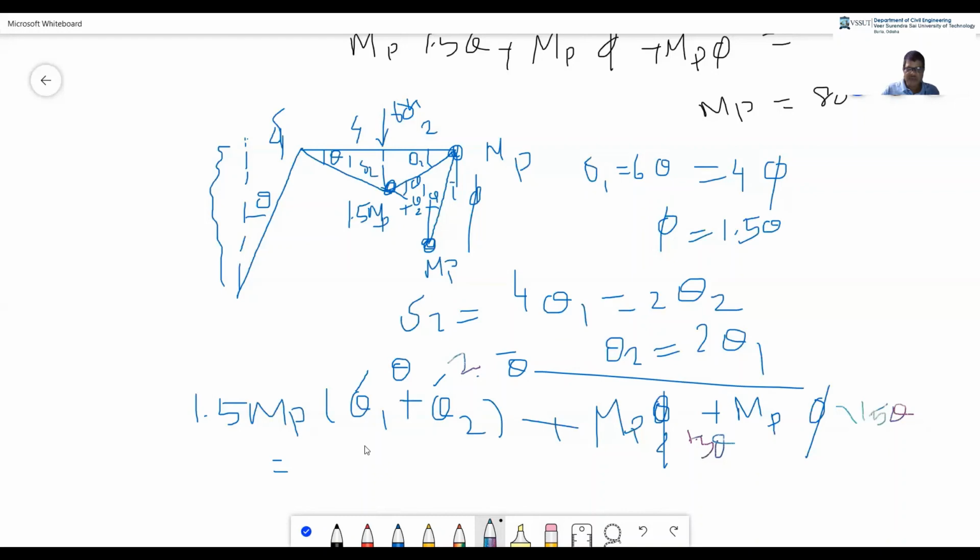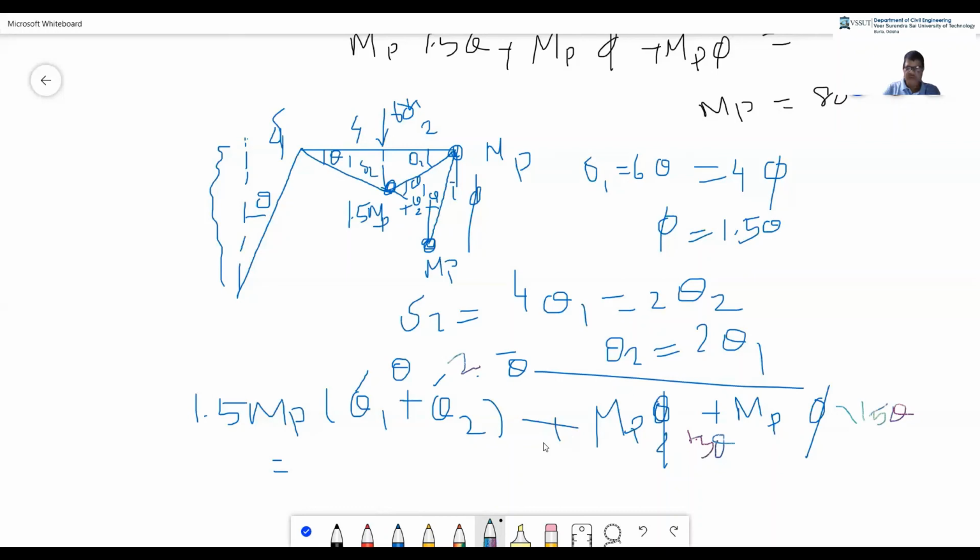Put all these things in, what will the value be? 2 plus 3, 4.5. Now here 7.5 theta. So this will come out 7.5 theta. 2 plus 1, 3, 4.5, right?